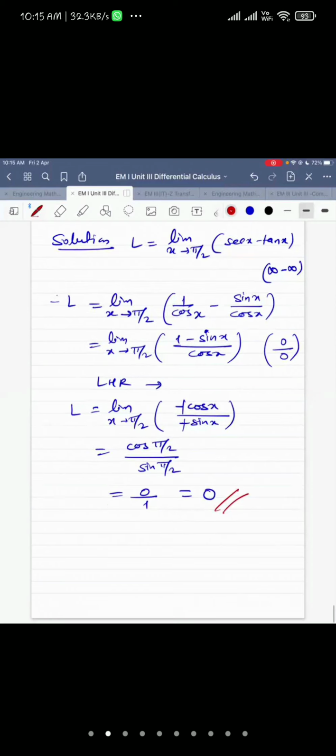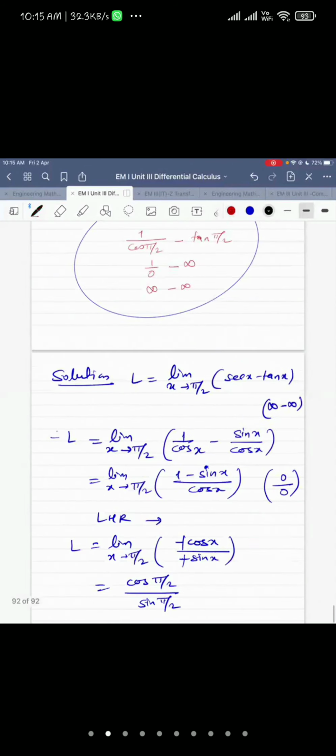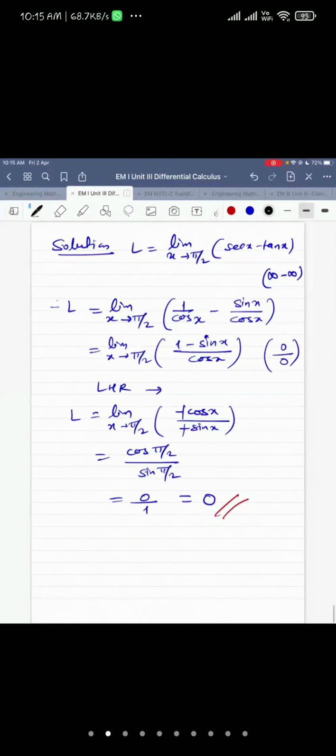Next question. Example number 5. Limit x tending to 0 of 1 by x minus 1 by x square log of 1 plus x.